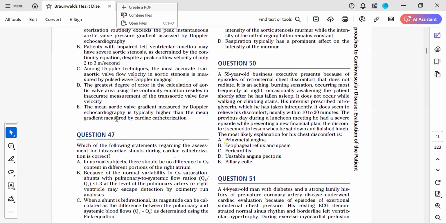So in situations where you have shunts of less than or equal to 1.3, the left to right shunt is not much. So you may not have significant dilution of the right side such that there will be a significant difference in oxygen saturation for you to detect.